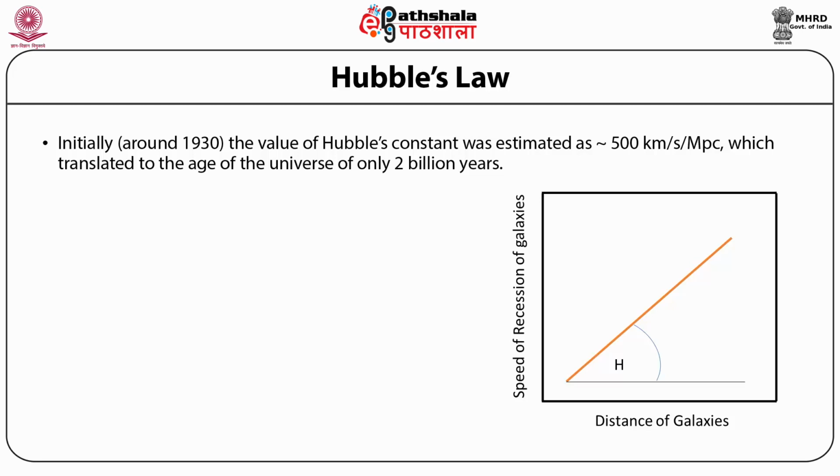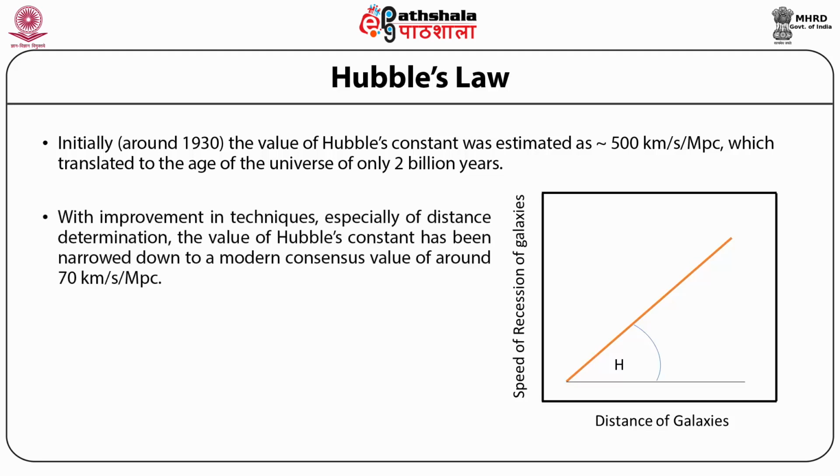This was shorter than even the age of the Earth determined by radioactive dating of terrestrial rocks. With improvement in techniques, especially of distance determination, the value of Hubble's constant has been narrowed down to a modern consensus value of around 70 kilometers per second per Mpc.